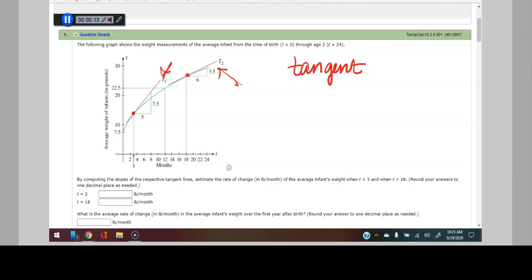Okay, so I know going from this point to this point is going to allow me to find that slope. So what did I do? I went up 7.5 and I went over 5. So do your vertical change over your horizontal change.